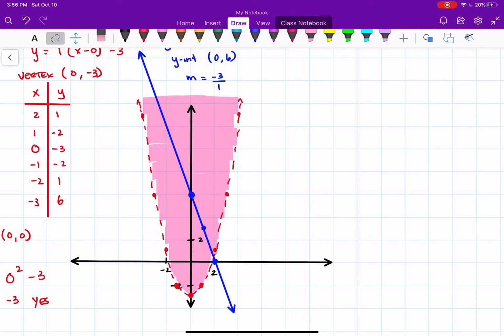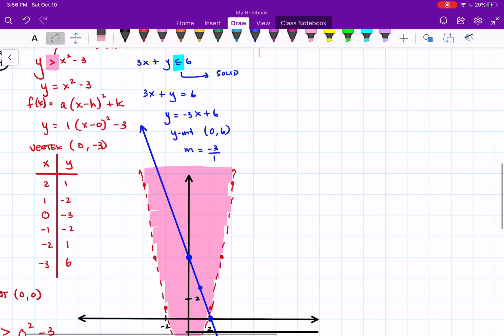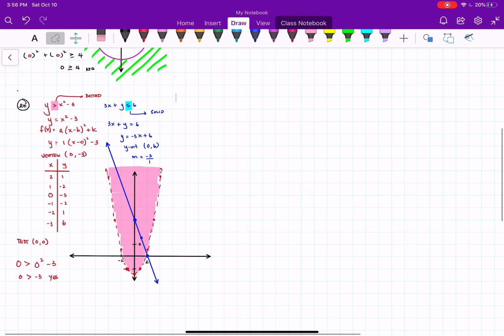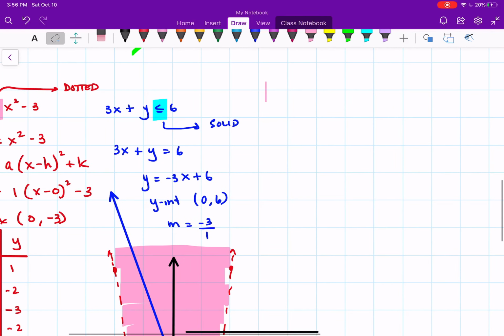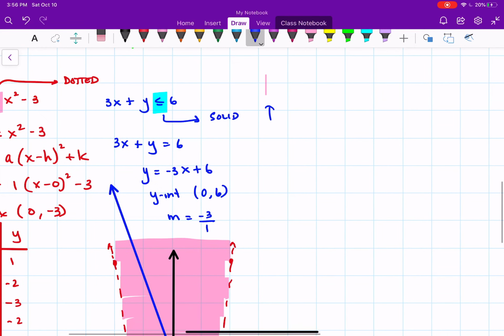So let's see how this is shading. 0, 0 is also available, because the blue line is not touching that. So let's test 0, 0 as well. Let's just test it right here around the side. So we want to test 0, 0.